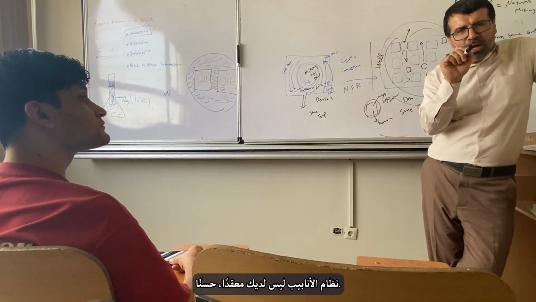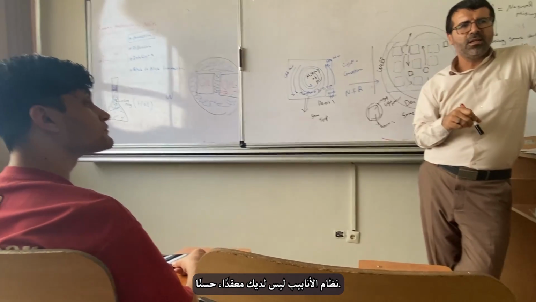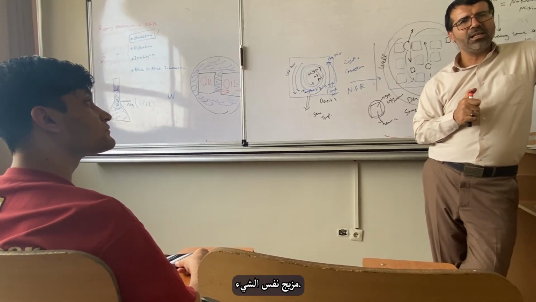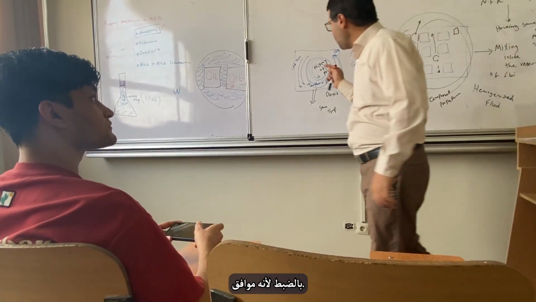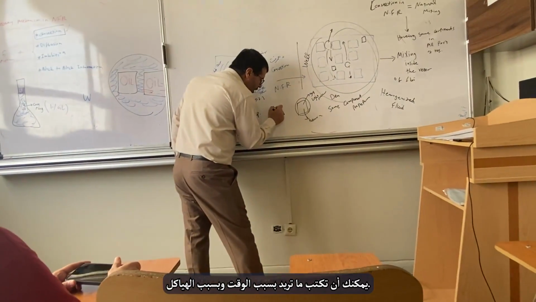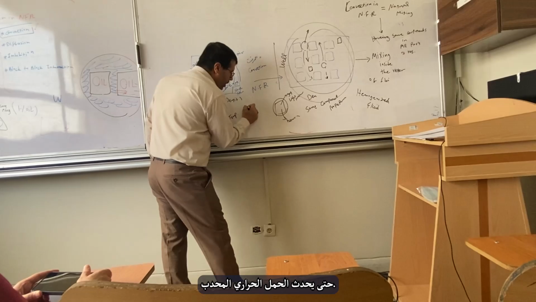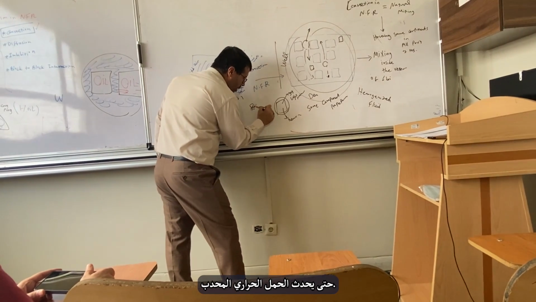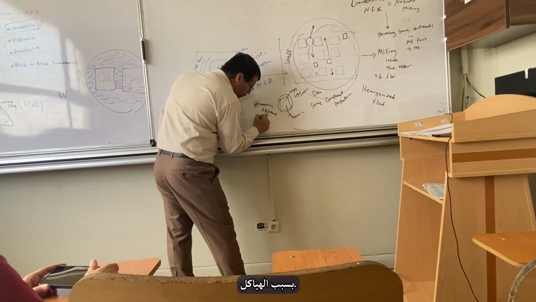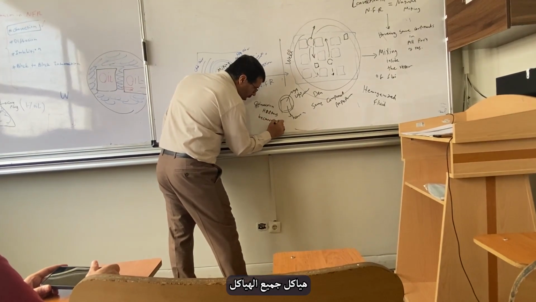If you close the piping system, you don't have convection, because in an ordinary reservoir we didn't have convection. You can write here: the convection happens because of the piping system, because of the fractures.